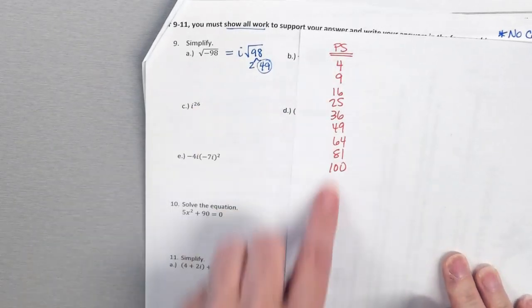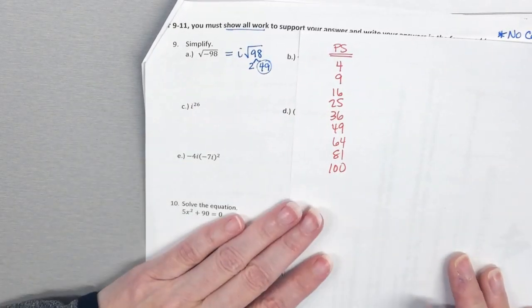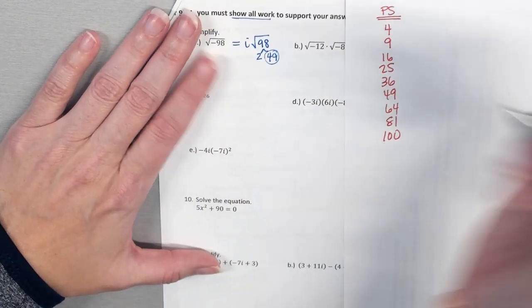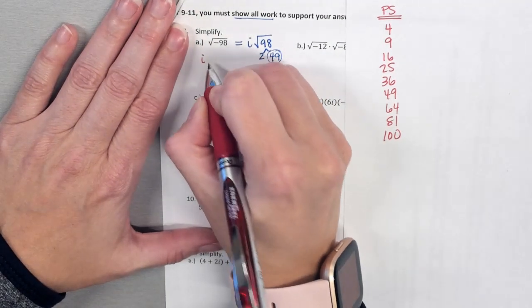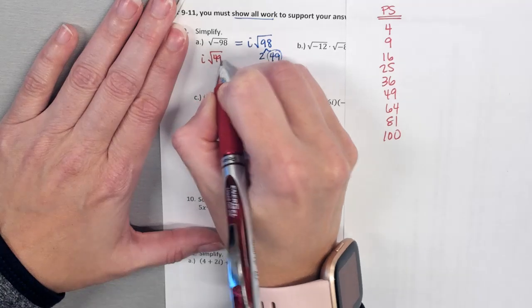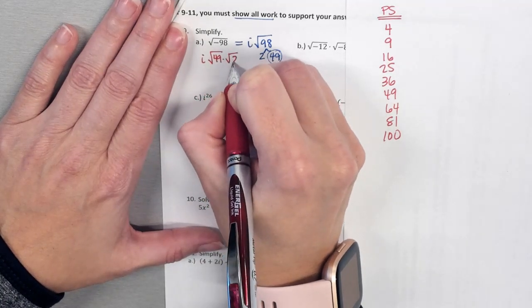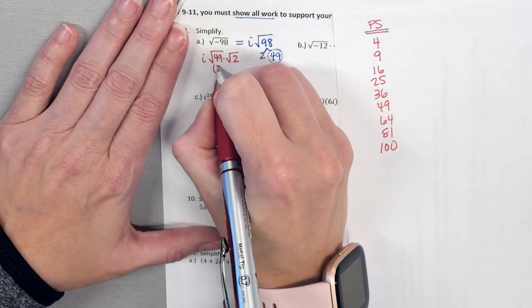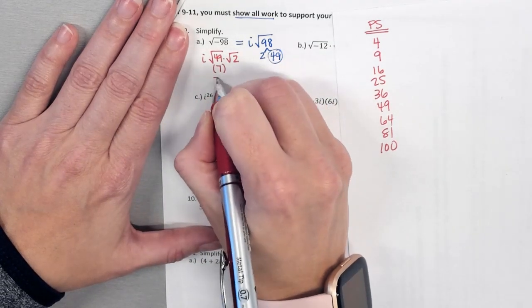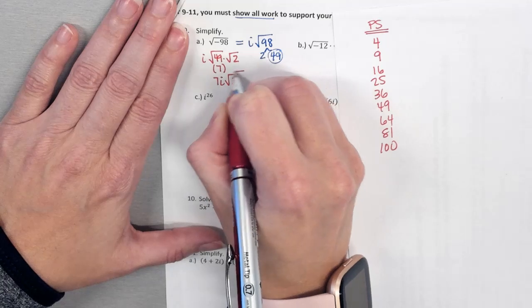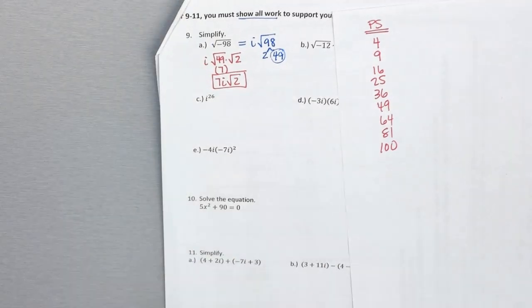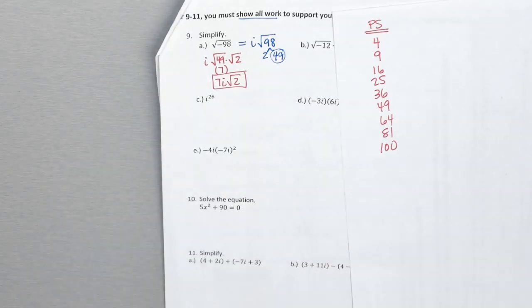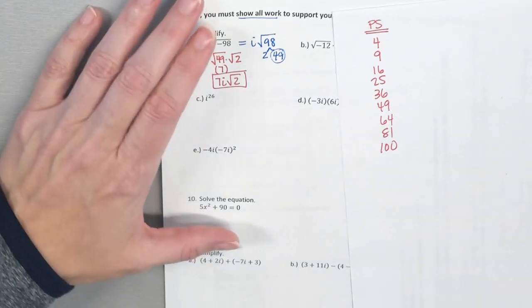These perfect squares, we definitely need to know those. Once you see the 49, you can just write this as i square root of 49 times the square root of 2, because 49 times 2 is 98. This can only come outside a radical if you can take the square root of it and get a whole number. So it only comes outside the radical if you have a perfect square.